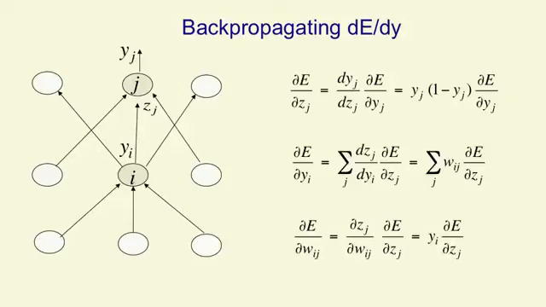And after we've done that for all these layers, we can compute how the error changes as you change the weights on the connections. That's the backpropagation algorithm. It's an algorithm for taking one training case and computing efficiently for every weight in the network how the error will change on that particular training case as you change the weight.